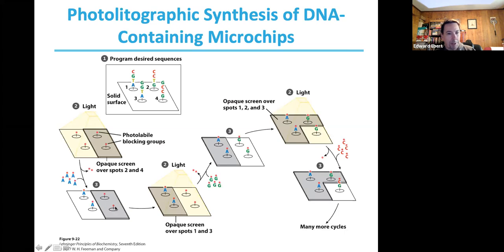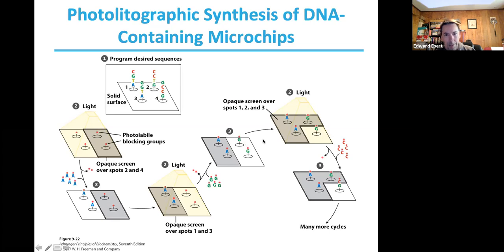So then, next we want to add guanine, all right? So we don't add guanine to either of our adenines in here, so we make sure they're in the dark, but we add our photo-labeled guanines in here, and they will both bind to positions 2 and 4, okay? So now next we want to add C, all right?